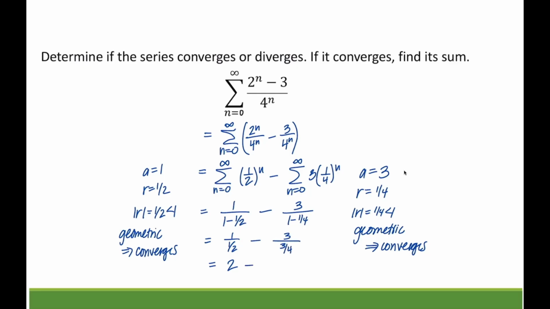If I multiply by the reciprocal of 3/4, that's 4/3. And the 3's will cancel, so we'll actually just end up with 4 here. So 2 minus 4 is -2. So the original series converges to -2 because each of these individual series were geometric with absolute value of r less than 1, and so they converged.